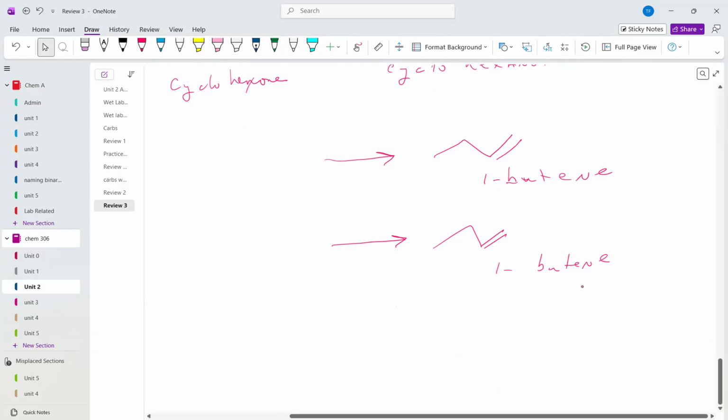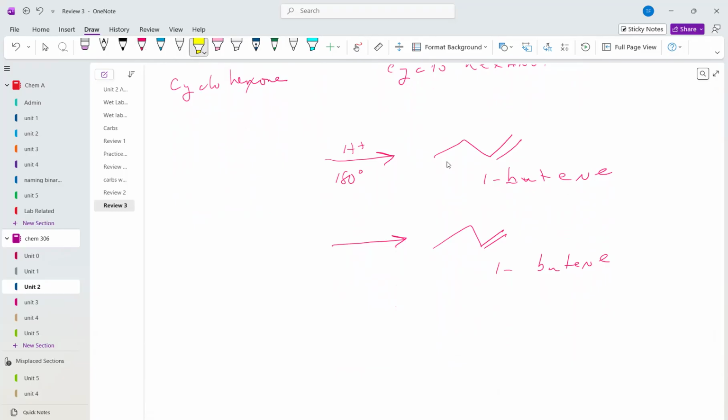Well, we make it from an alcohol. We can pull off water from an alcohol, and we'll end up with an alkene, at high temperature. Okay, so we're gonna have the same backbone.